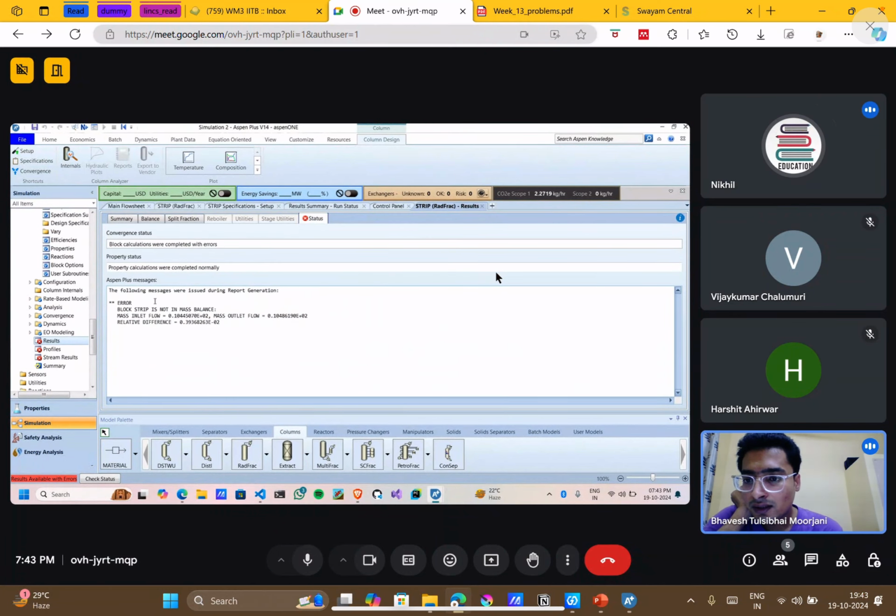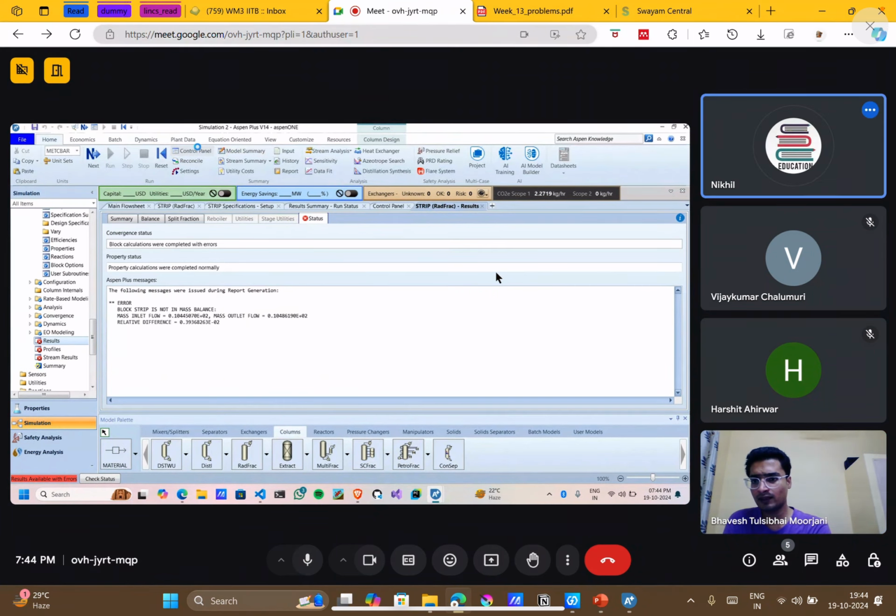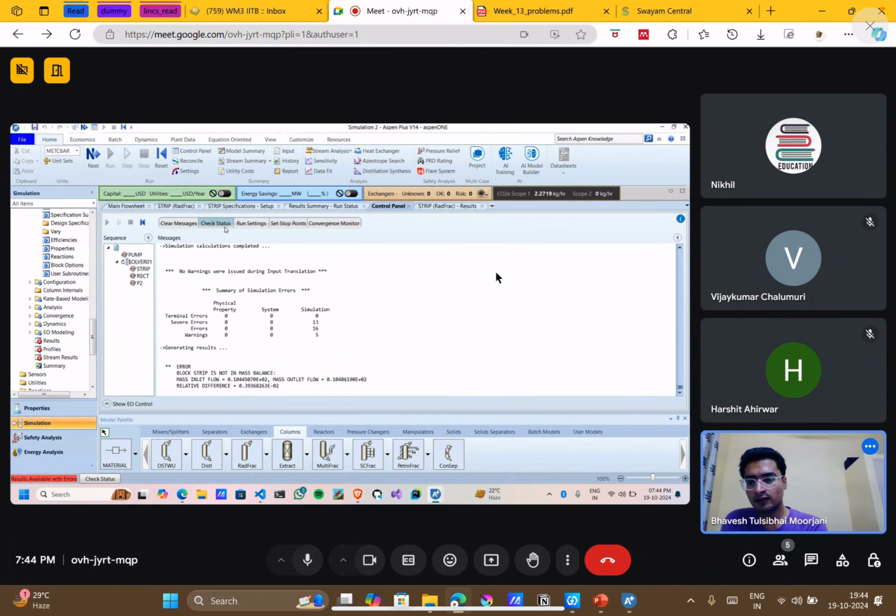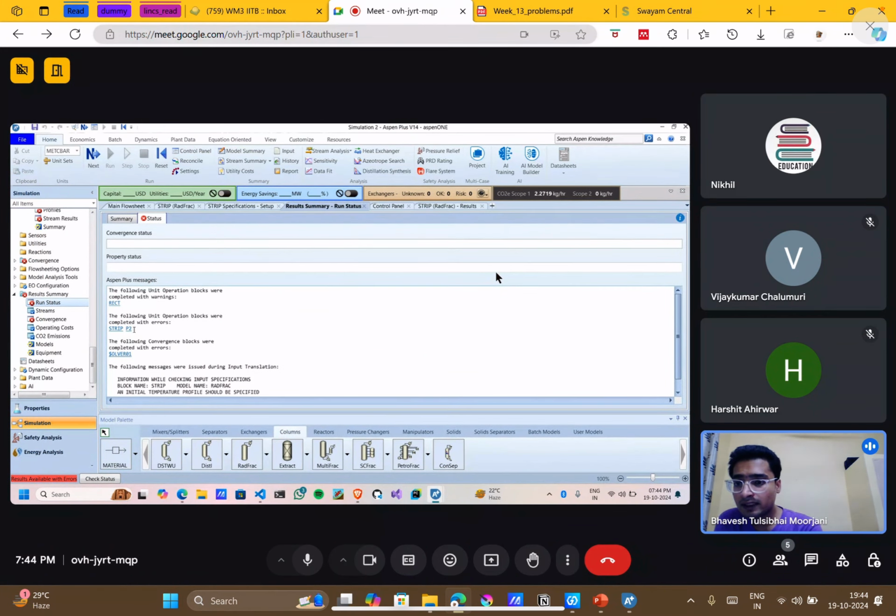Block strip is not in mass balance. Mass inlet flow is 0.1 into 10 to the power 2. Mass outlet is 0.1 into 10 to the power 2. It is showing some error, relative difference. Okay. I think then it might be some issue with the data provided. So it is saying that the feed is coming at a lower pressure compared to the column. So in that case we have to change the pressure of the input feed. Okay, so this was giving an error for the rectification column.